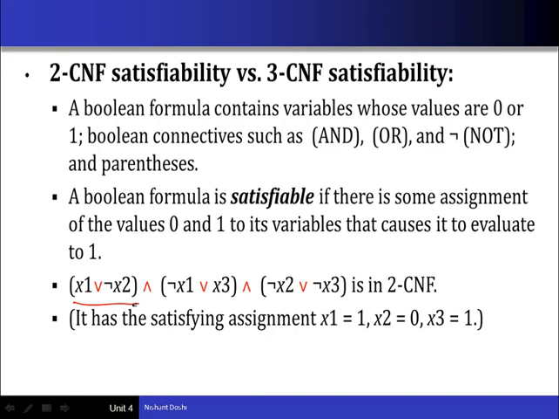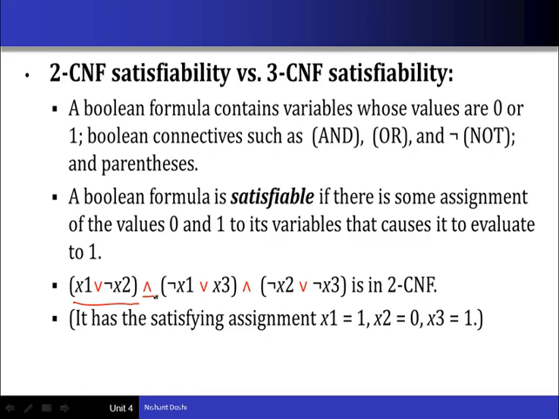In every bracket only 2 literals are allowed, joined with an OR gate, and between the brackets you are allowed an AND gate. Now your task is to find the Boolean values of x1, x2, x3 such that this particular formula leads to 1.